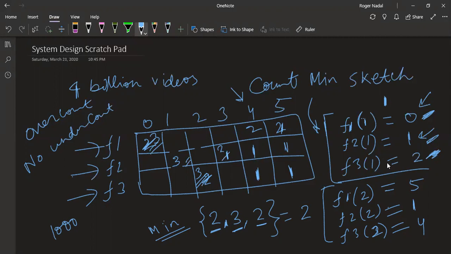Each row has 1,000 columns. So you will have 1,000 into 8 bytes. So basically you can have 8 kilobytes, and you will have relatively good storage and very few errors, not very many. So this is used a lot. Go and read about it.